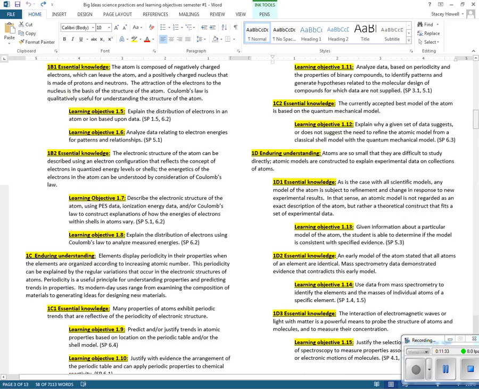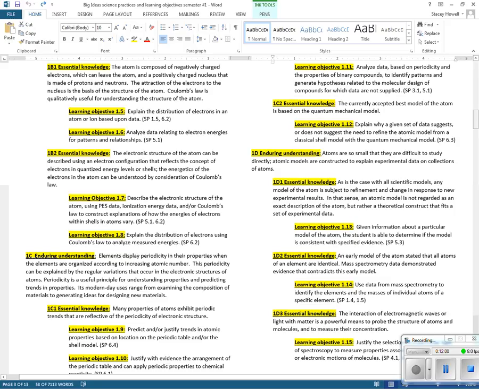Okay? And we're going to go through all these. Explain the distribution of electrons in an atom based on data. That would be like PES. Analyze data relating to electron energies for patterns and relationships. You know, which ones take more energy to give off, which ones have less. That would be our light. So we're talking about our lights. Describe the electron structure, 1s2, 2s2, using quantum mechanics.